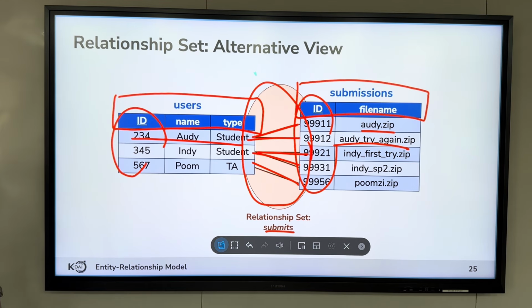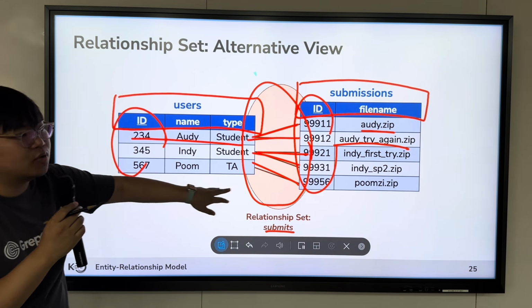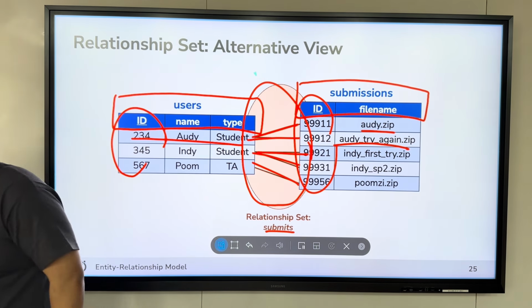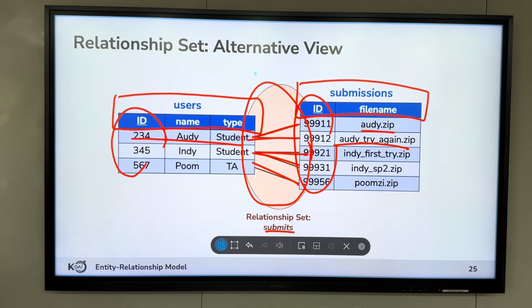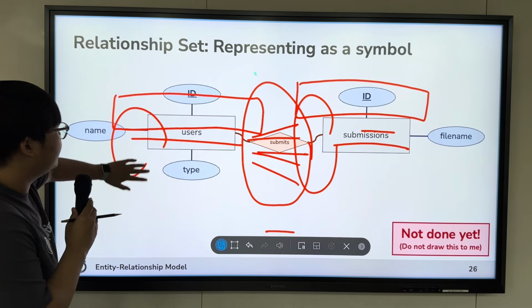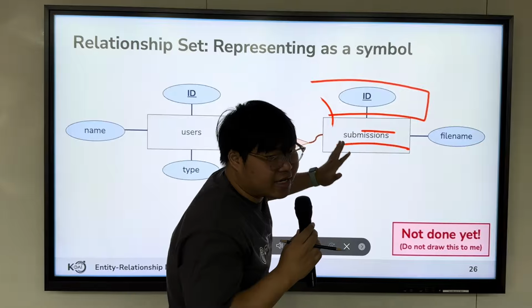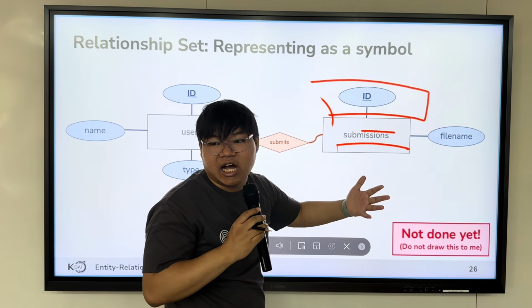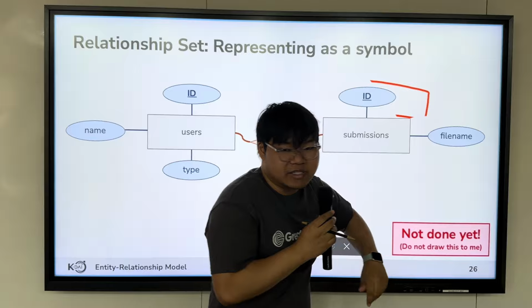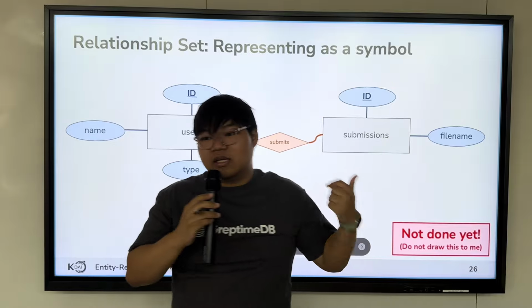So now we form relationships between two entity sets, right? In terms of diagrams, when you represent it in the ER data model, entity relationships can be called ER, okay? ER data model.